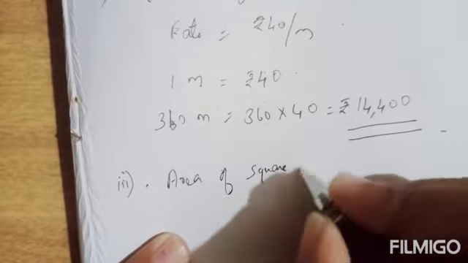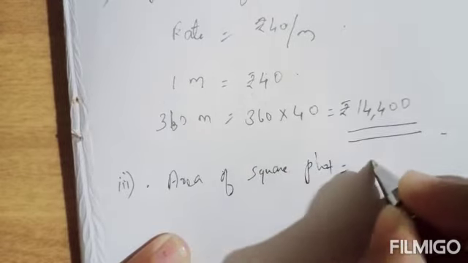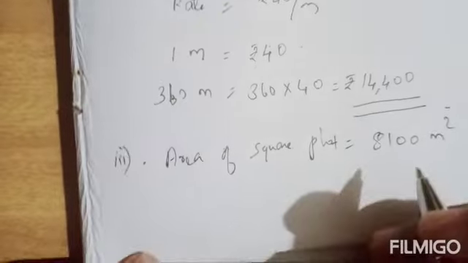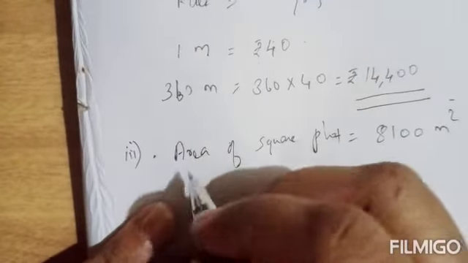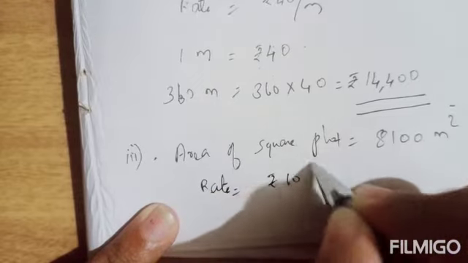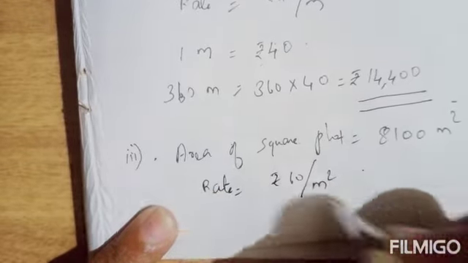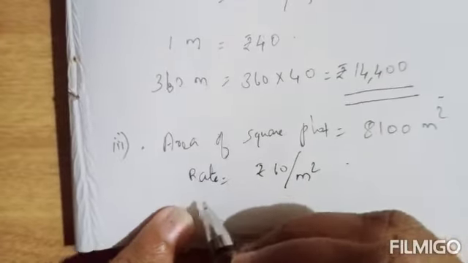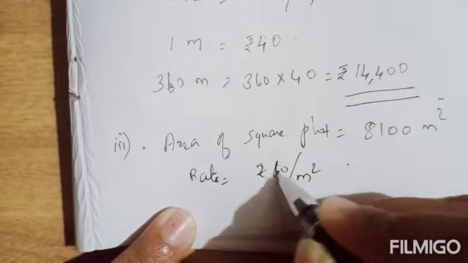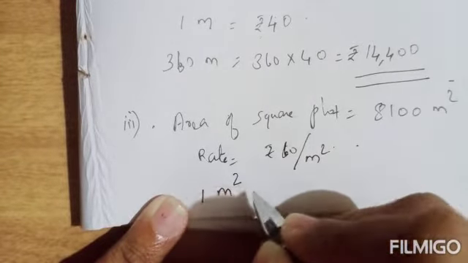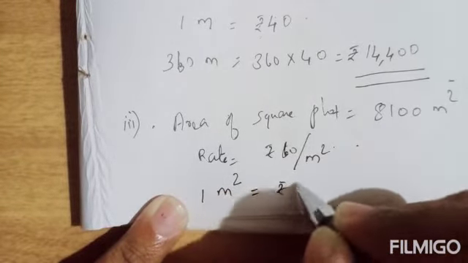From the first question, the area of the square plot is 8100 meter square. Now the rate of leveling is given as rupees 60 per square meter. That means for leveling 1 square meter, the cost is rupees 60.